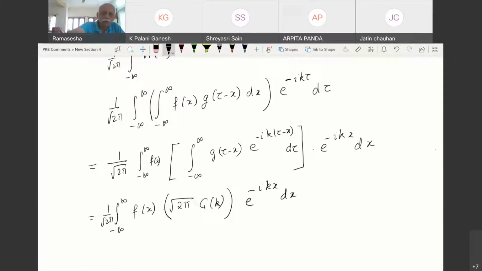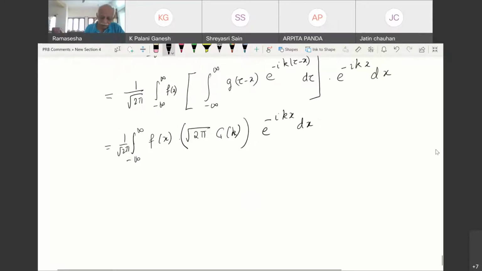So this can be written as g of k into the integral of f of x e to the minus ikx dx, to root 2 pi times dk f of k.